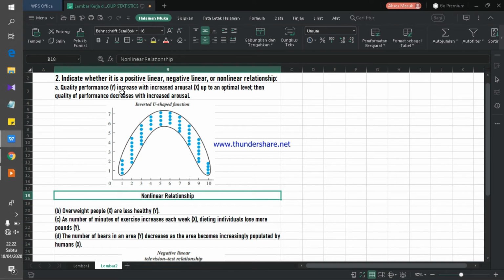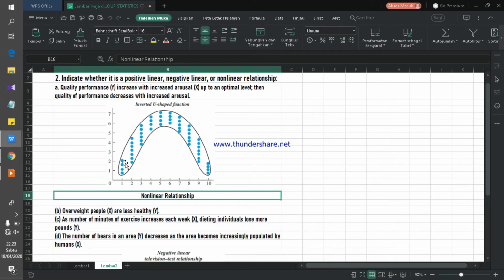But the arousal is increased, right? As we can also see here, the optimal level is 5 and then it increased into 10, right? So the second statement said that the Y value is decreasing, meanwhile the X value is increasing.